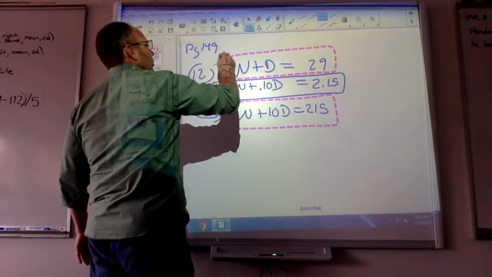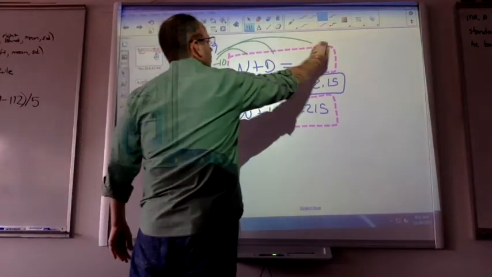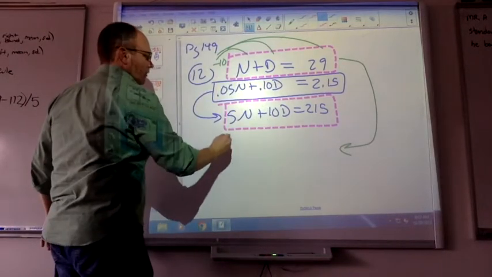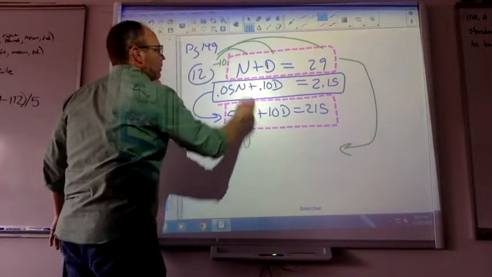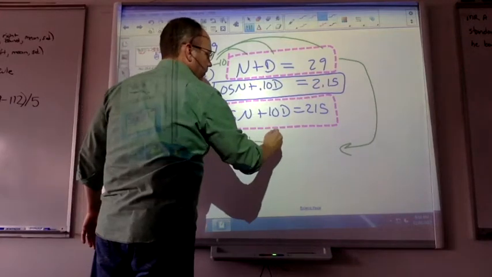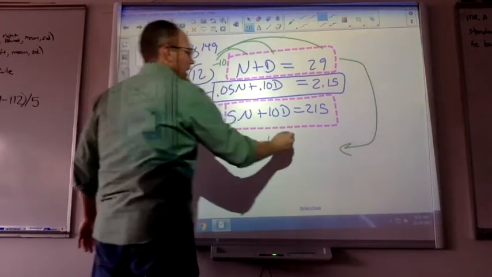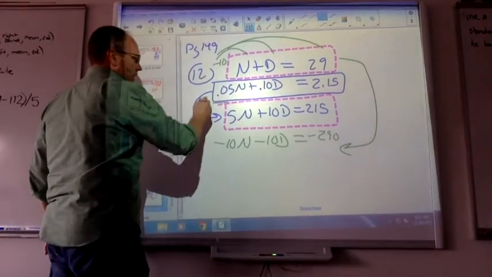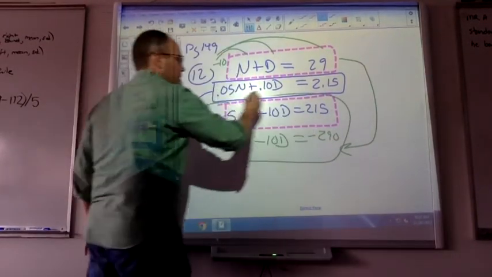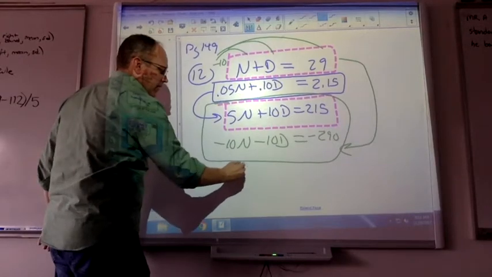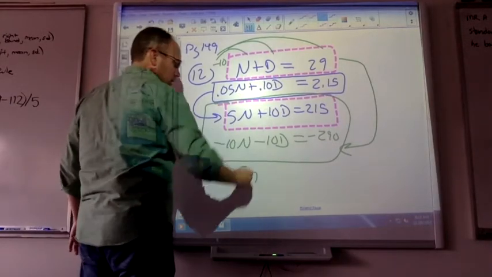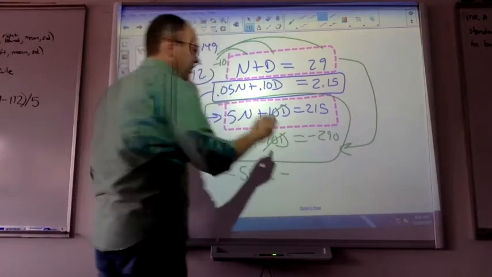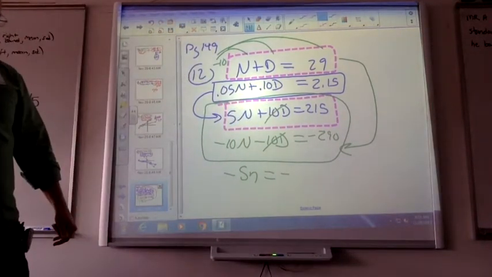So I'm going to distribute that over, and I'll bring this down here. So -10n, minus 10d equals -290. If I add these two equations together now, I'm going to get -5n, and those cancel, equals -75.